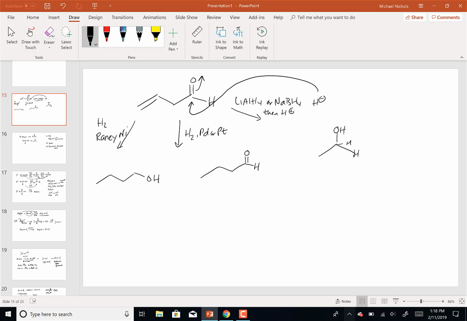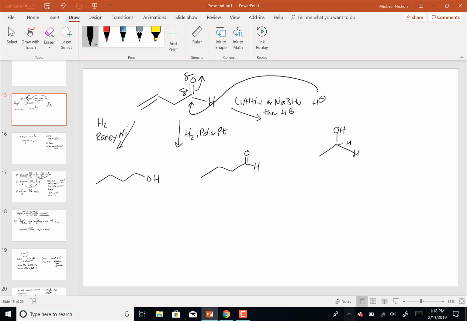Because there's not really a component that's positively charged or negatively charged. So it doesn't necessarily attack because there's not really a dipole on the alkene component. Right. So this H minus has a delta positive carbon that it can react with.